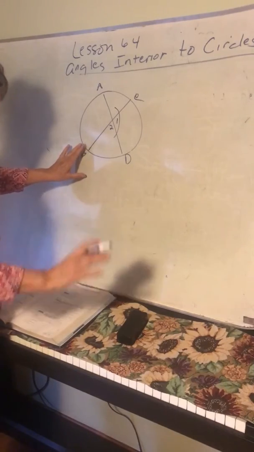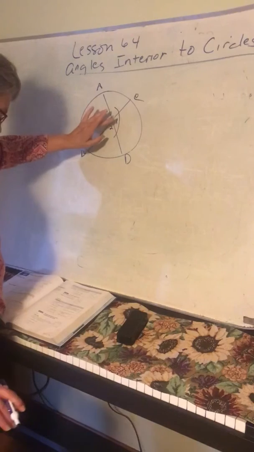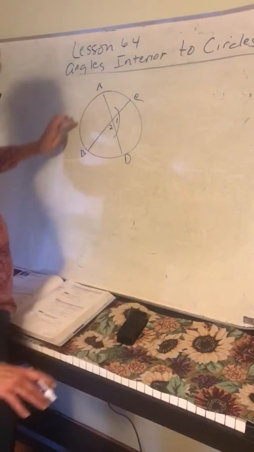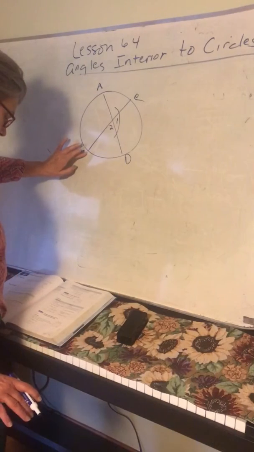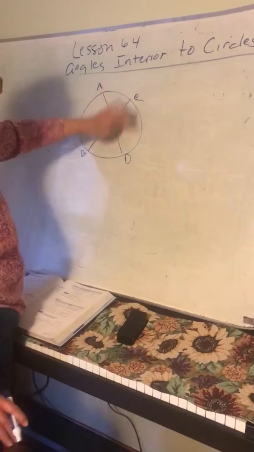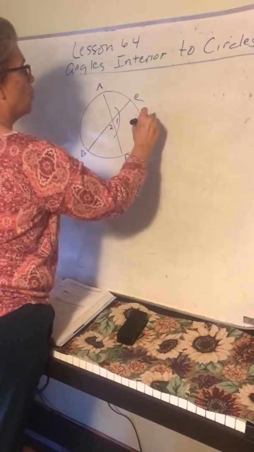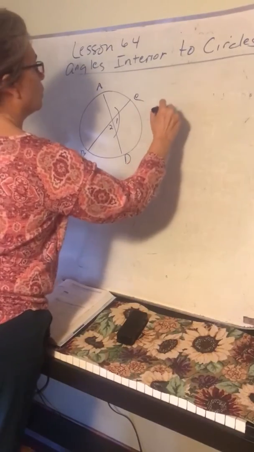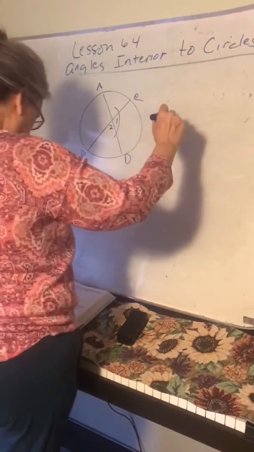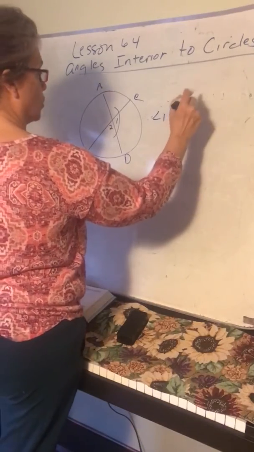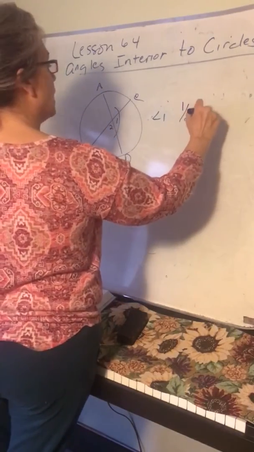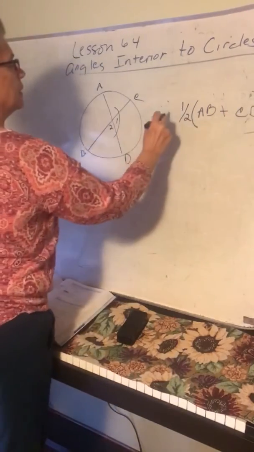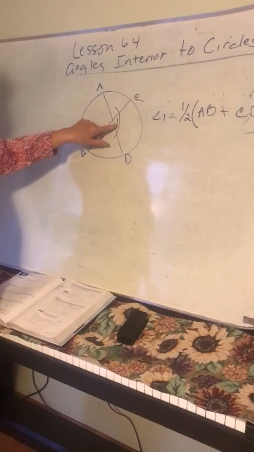So if it's angle 1, it's going to be AB and CD. Angle 1 will be 1/2 the measurement of AB plus CD. So that's what the measurement of this one will be.